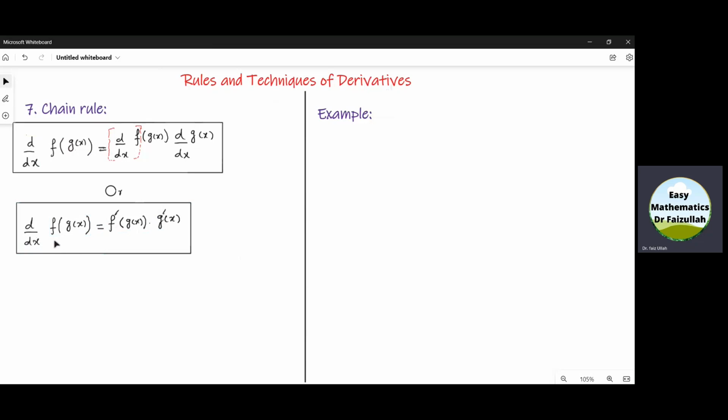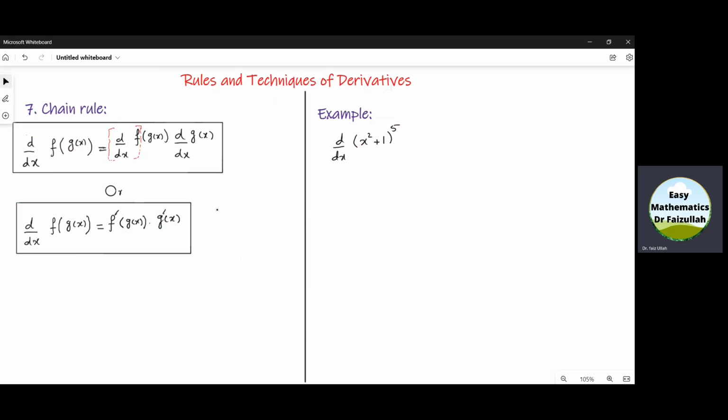So to differentiate it, first of all, we shall differentiate only the outer function. And then we have to differentiate the inner function. Let us explain it by an example. Let us write d by dx of x square plus 1 whole power 5.